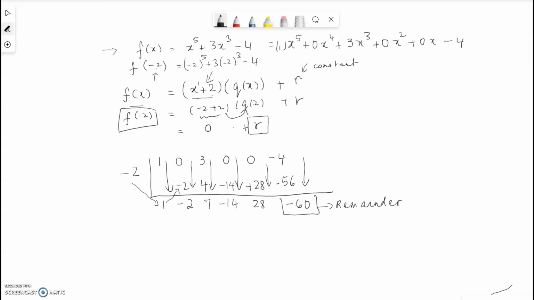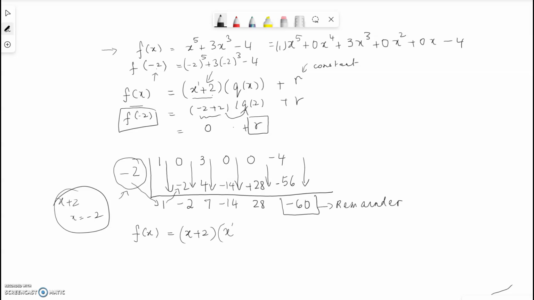So basically, f of x can be written as x plus 2. Remember, in synthetic division, if x plus 2 is a factor, then x equals -2 is a solution. So remember that this is the number we use for the synthetic division, the degree of the quotient is 1 less.